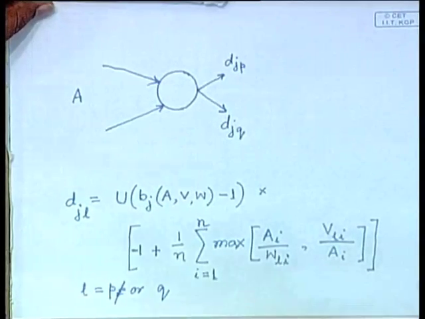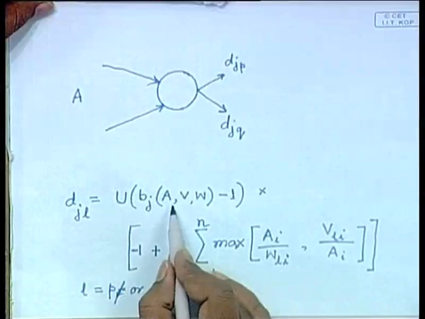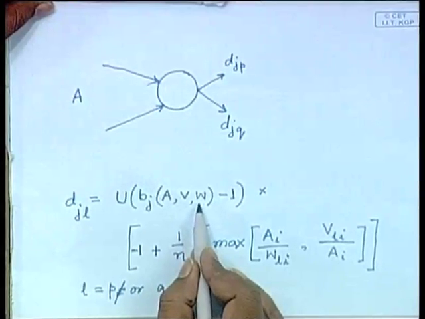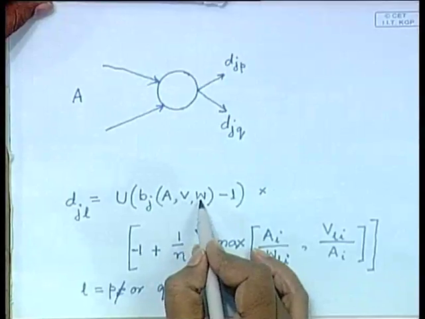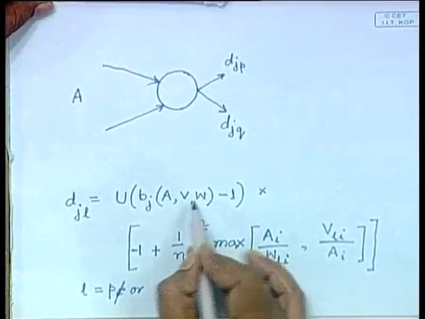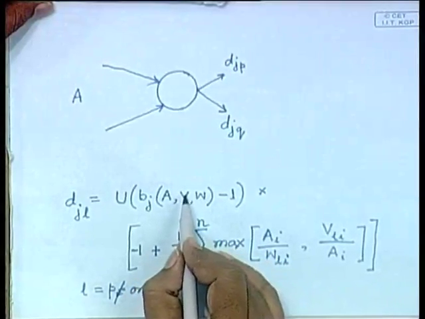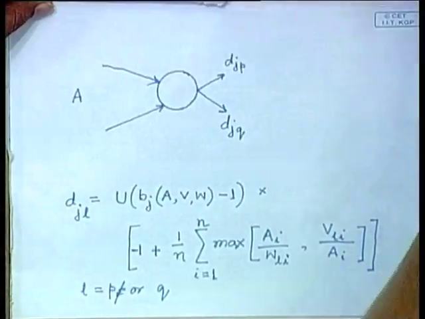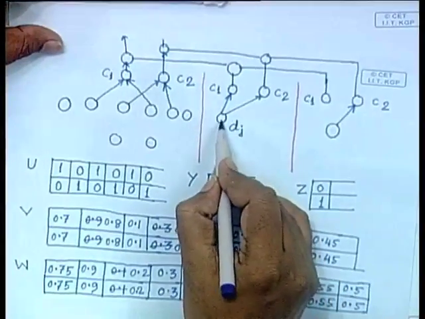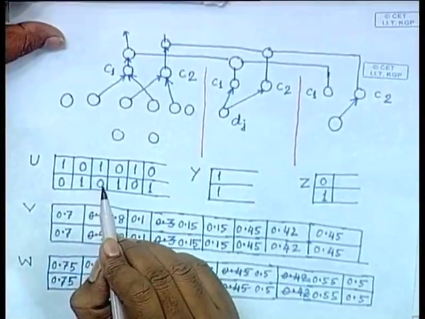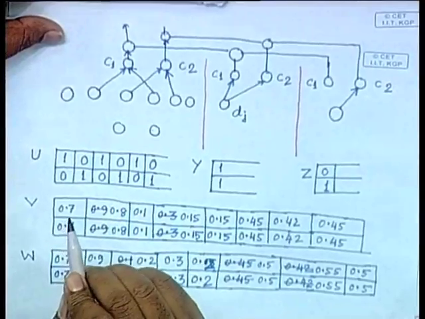Okay. So, what does this expression give you? This bj(A, V, W), this V and W, these are min points and max points of this neuron. Okay, that is the compensation neuron.